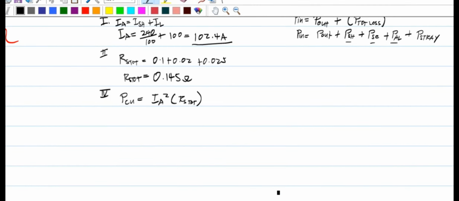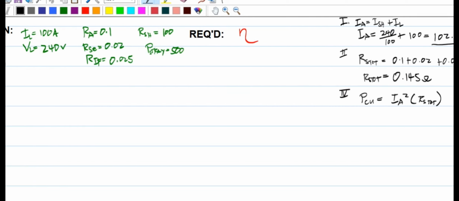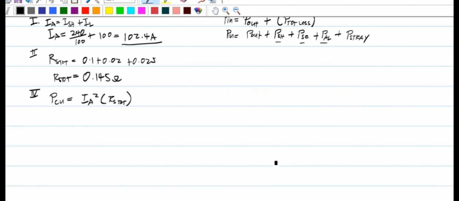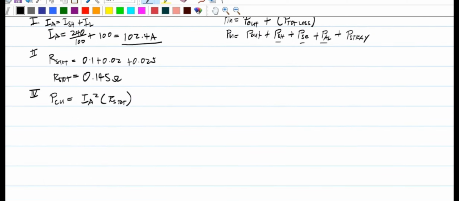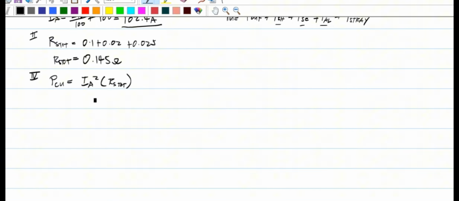We sum all the series connected resistances in the armature because they are in series, to get the total resistance, RS total of 0.145.